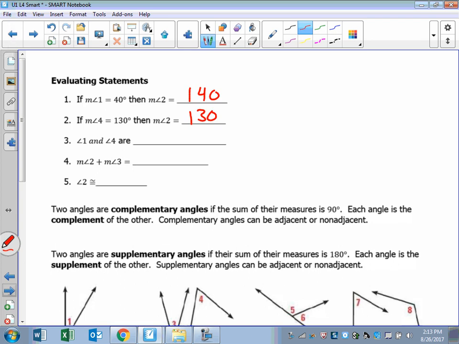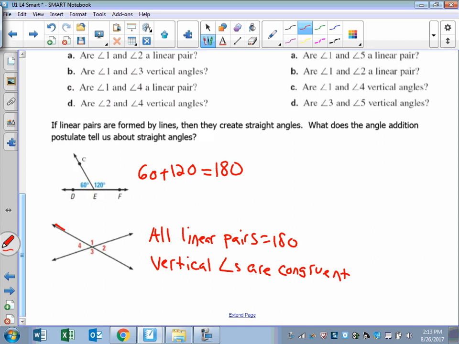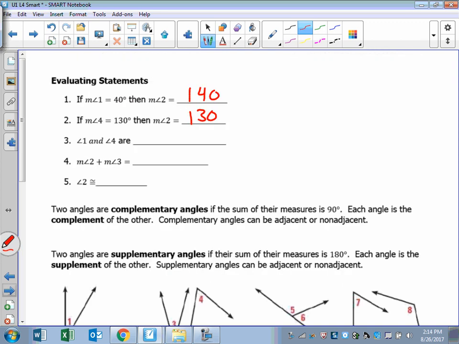Angles 1 and 4. Well, they're two adjacent angles that form a straight line, so we have a linear pair, or supplementary.